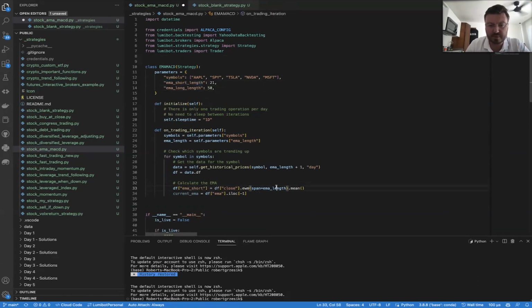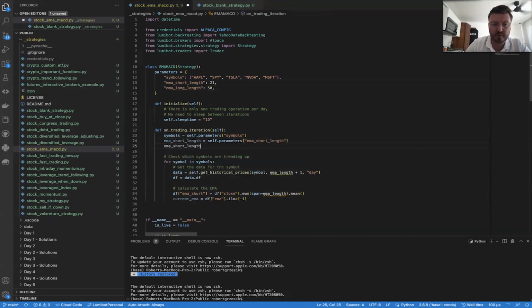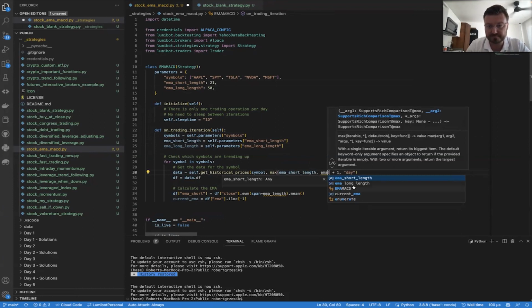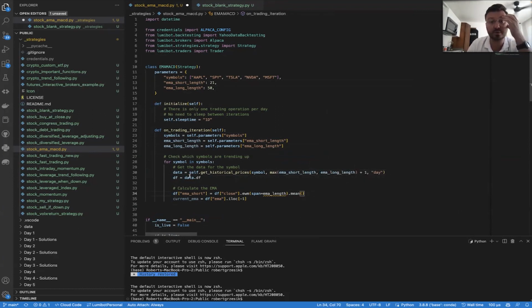This is going to be EMA short length, and EMA long length. Then when we're getting our historical data, we want to get the max of the long or the short, whichever one's longer, that's the data we're getting. Now we want to calculate the EMAs.